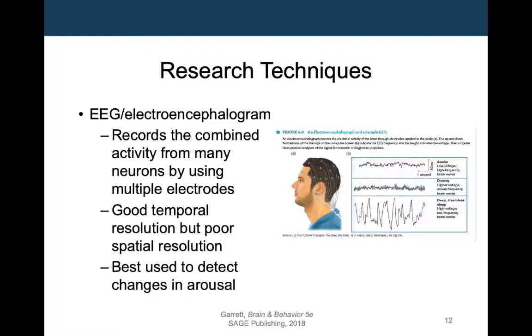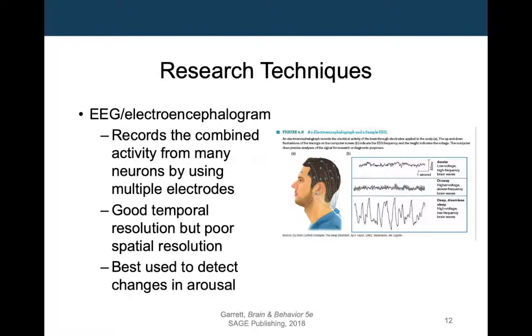So the EEG, or the electroencephalogram, which is why we say EEG in our profession, that's a pretty long word to say. Nonetheless, it's one of the most useful research methods used in neuroscience and imaging techniques.